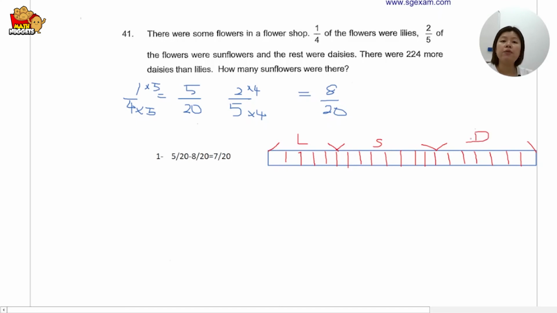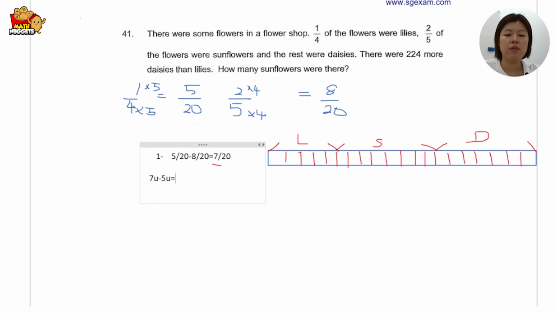So there were 224 more daisies than lilies. So daisies is 7 units. Lilies is 5 units. So 7 units minus 5 units is equal to 2 units.